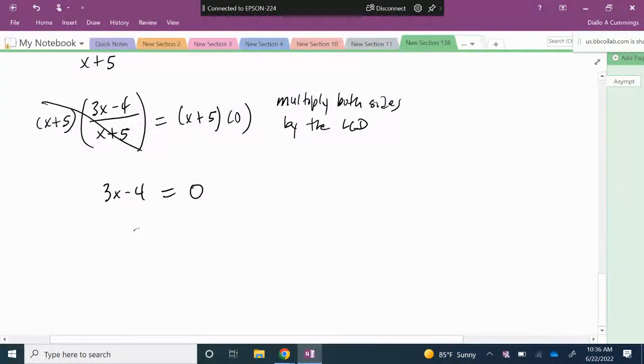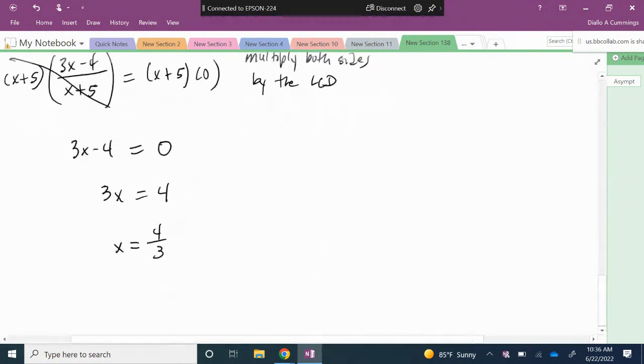We're going to add 4 to both sides. Next, we're going to divide by 3. So we have x is equal to 4/3. Right. So our x-intercept is 4/3.